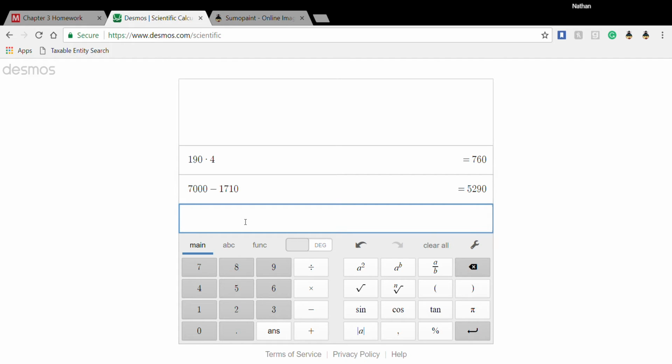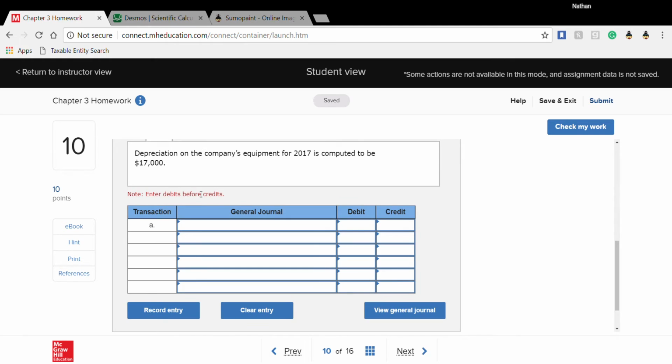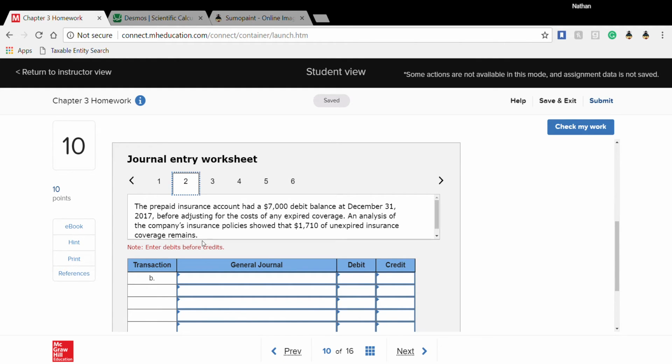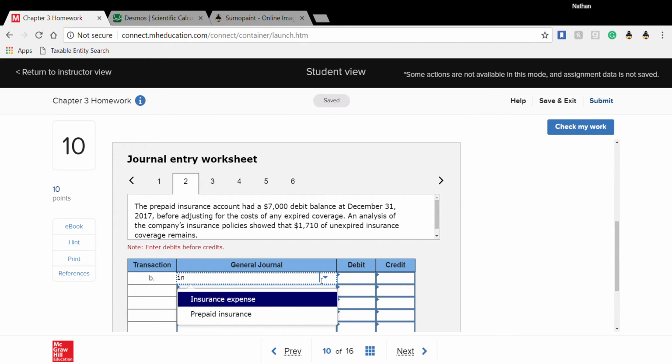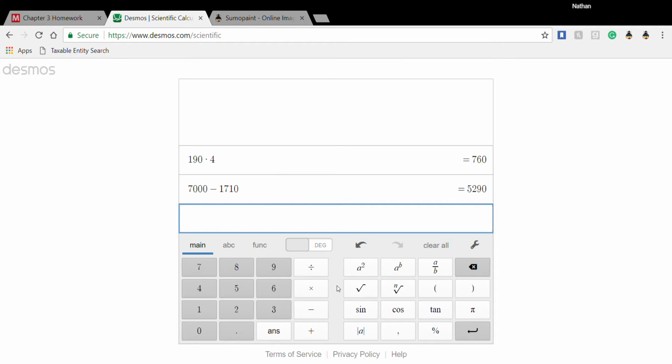And we find out that our prepaid insurance adjustment should be $5,290. So if I go to B, now it's actually showing it. This one is more like question number 8, where we just plug in this amount and do the same journal entry as depreciation. Here we have insurance expense, prepaid insurance, and it's the amount we calculated, $5,290.